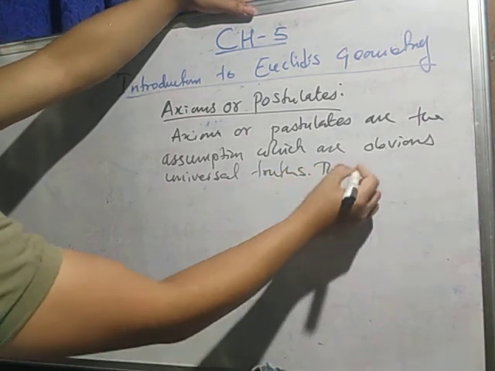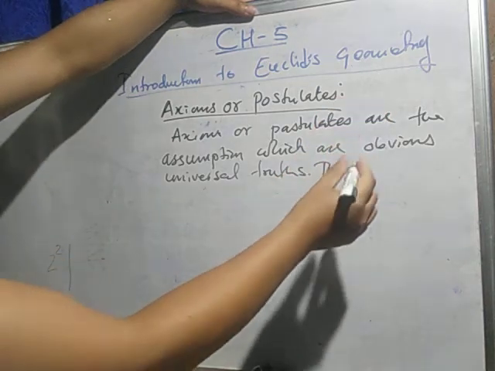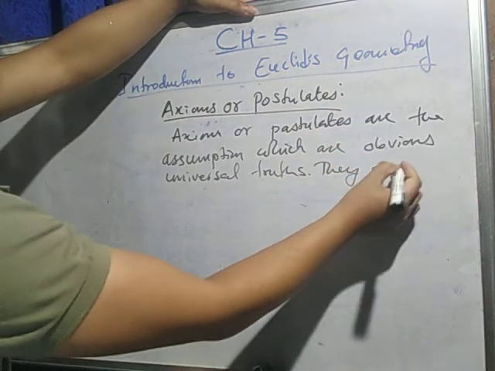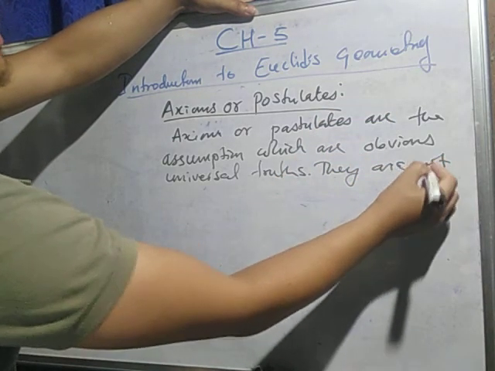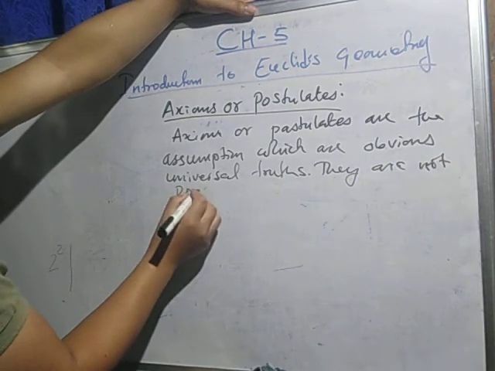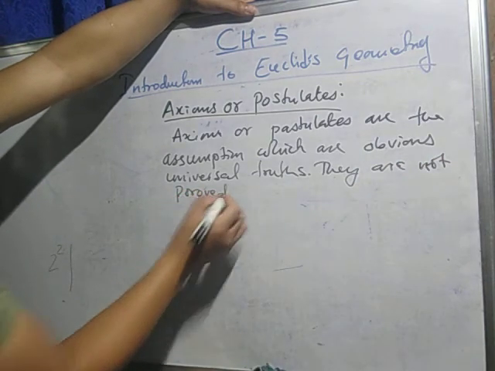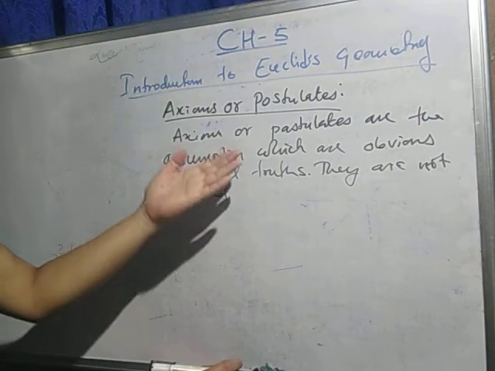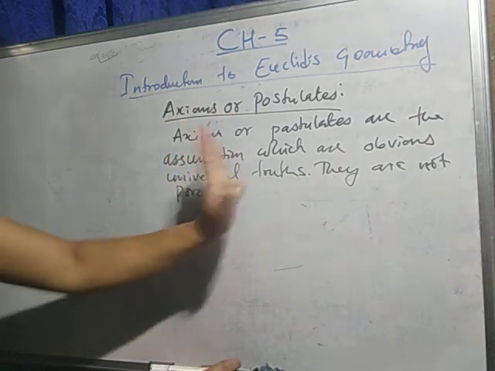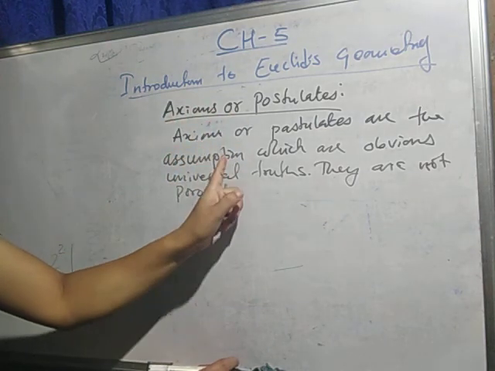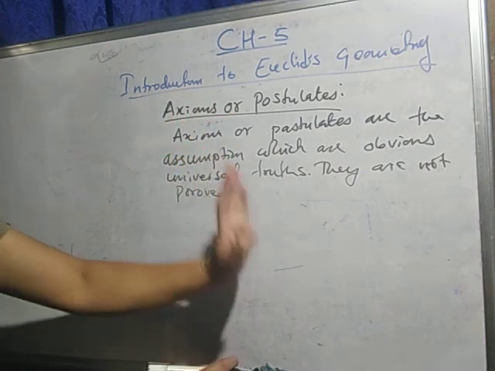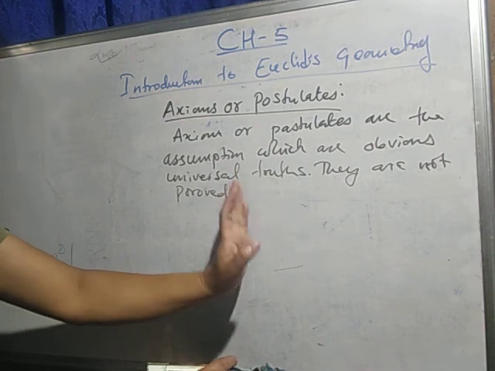They are not proved. Axioms and postulates are just assumptions, which are obvious universal truths.